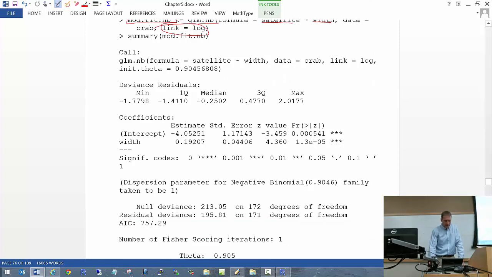The output is given in a very similar format to what we had with glm. Here is my beta hat 0 and beta hat 1. These are not the same as what we had with the Poisson regression or quasi-Poisson regression models. They typically will not be.